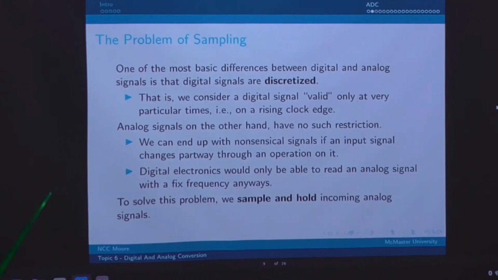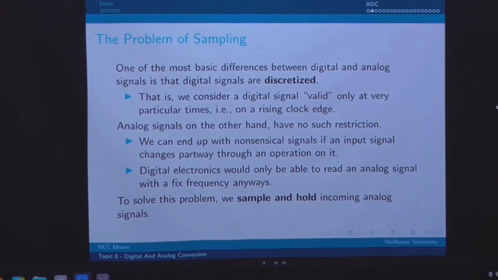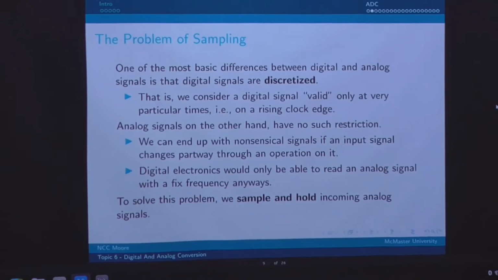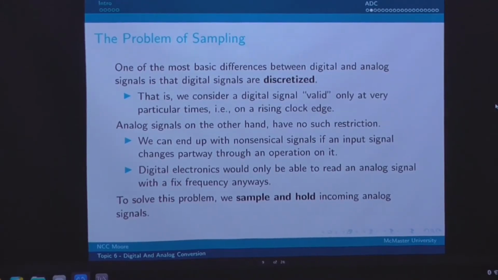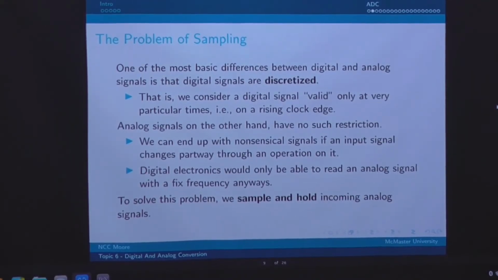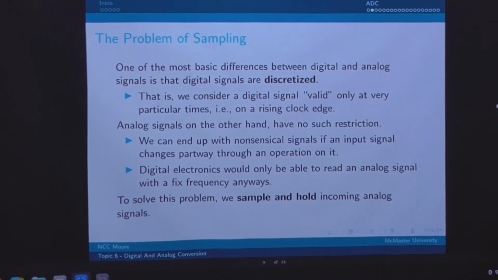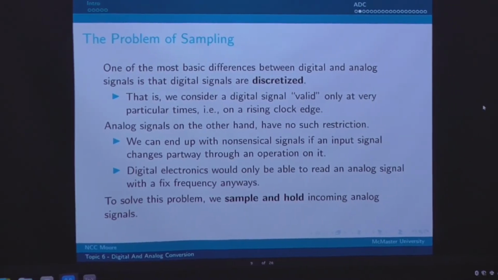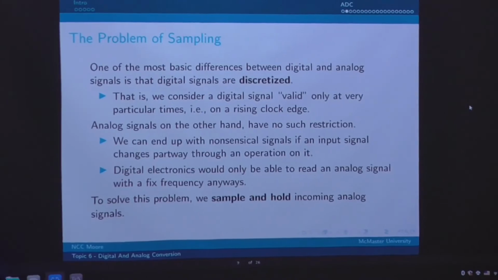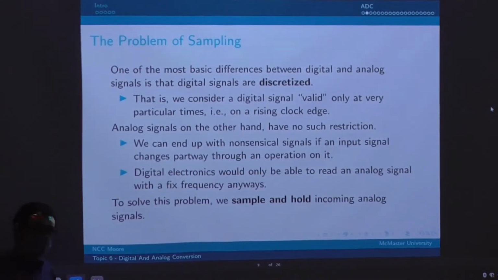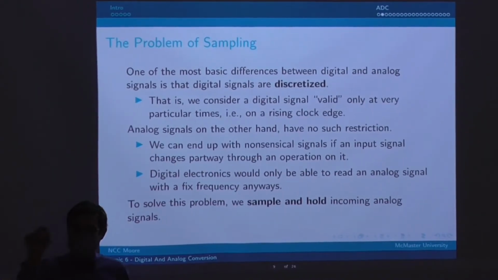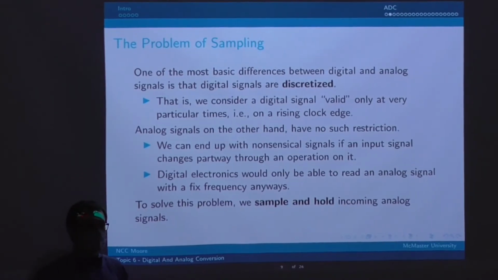We will want to do it periodically, right? Because we do everything periodically. We can't do it continuously because digital electronics are not continuous, they are discrete. So we must sample the incoming analog signal.